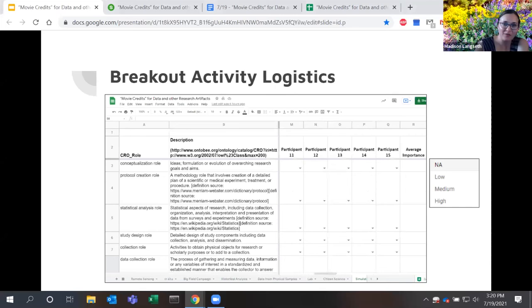But we just have about a minute per group. So I want to run through and see if folks would be willing to report out on how their breakout activity went. That'd be great.